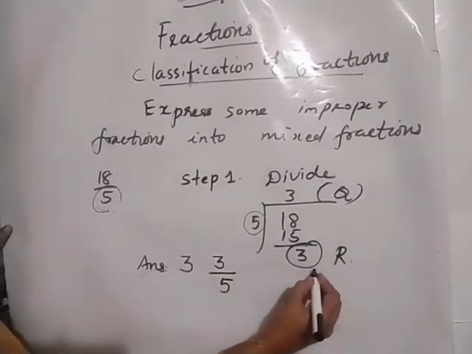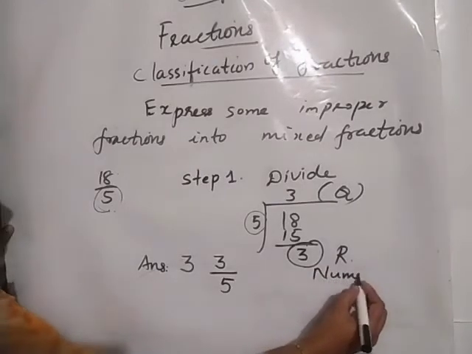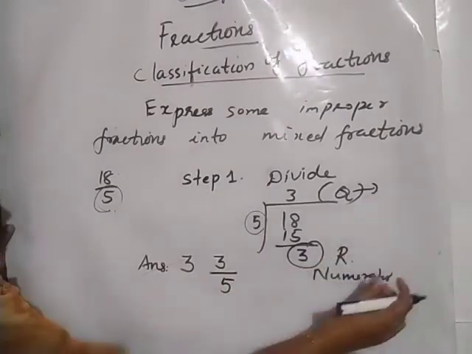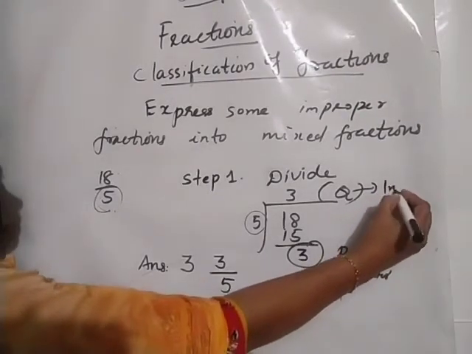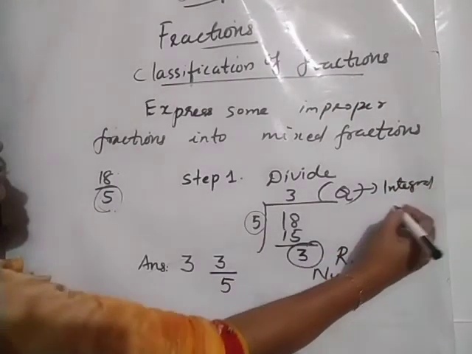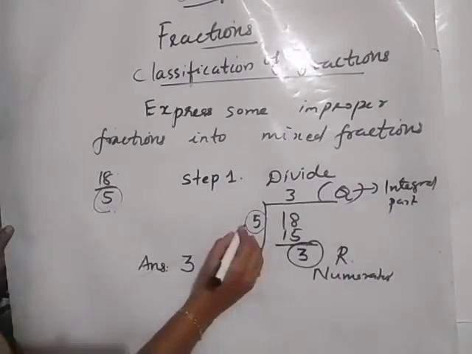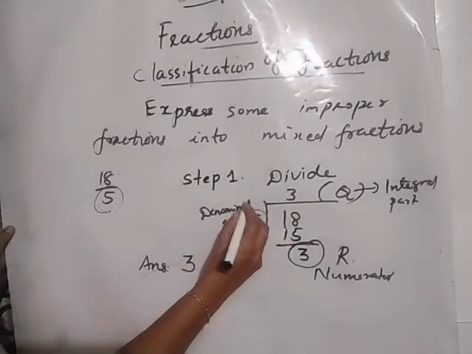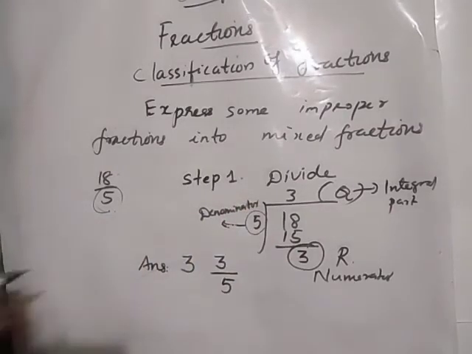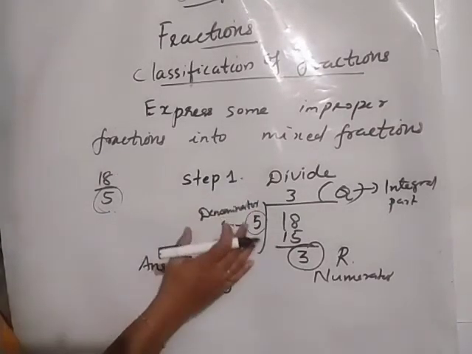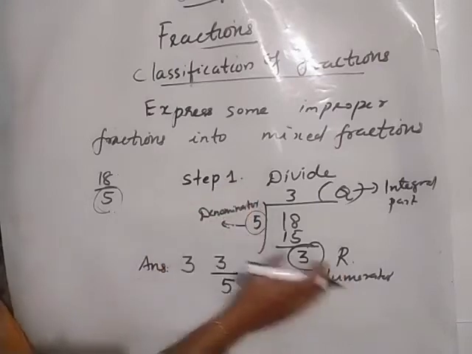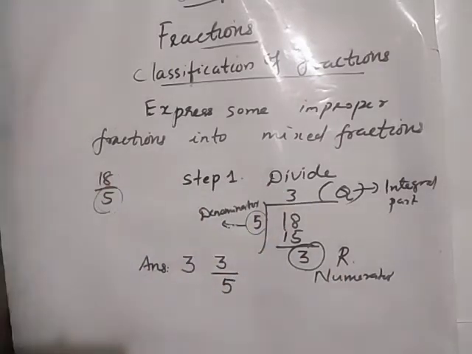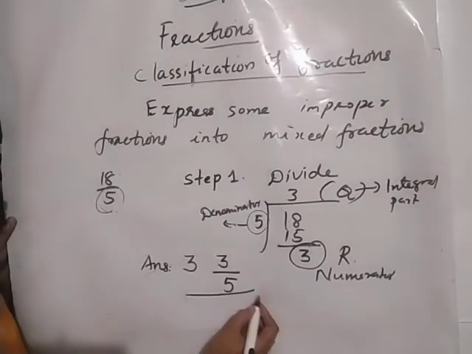This is the numerator, this is the integral part, and this is the denominator. So we write the proper fraction by using these two, and the integral part is the quotient. We get the mixed fraction.